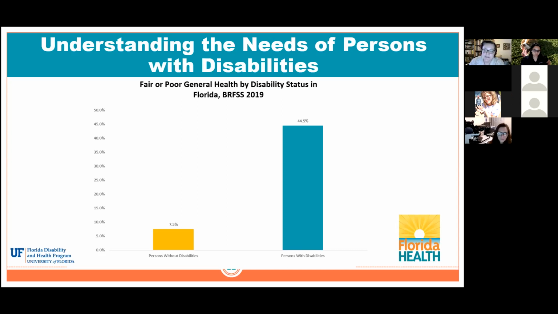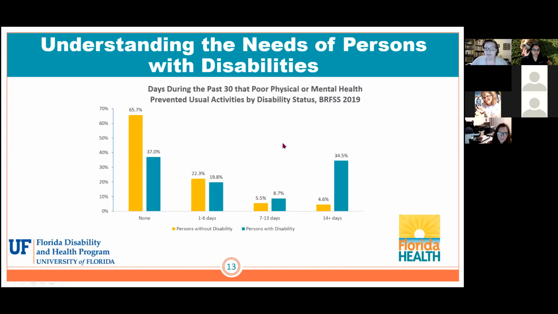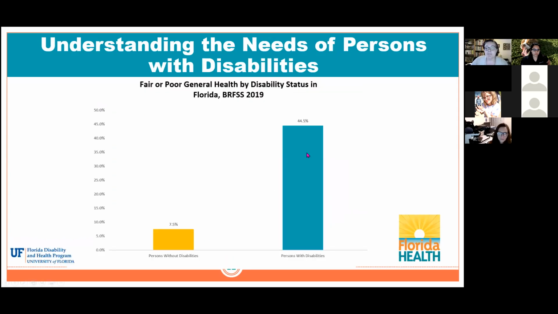Now that's a really significant difference. We might want to think that, oh, well, it's because their disability causes all their health problems and that's why, but that's not always the case. People end up having worse general health for a lot of reasons, not just because of the presence of a disability. But the disability, there's clearly something that exacerbates that here.